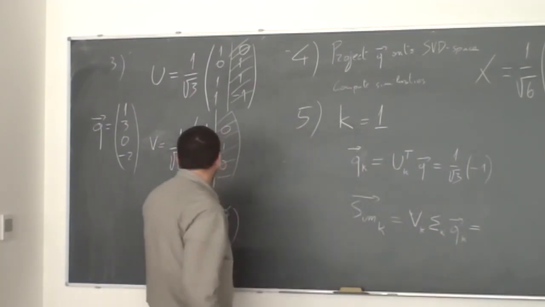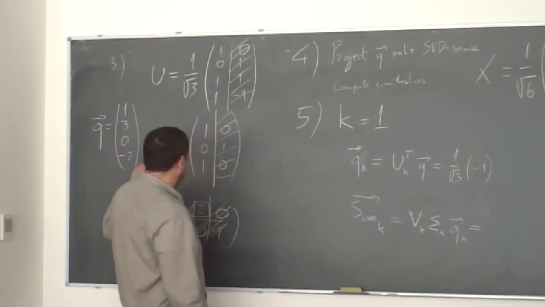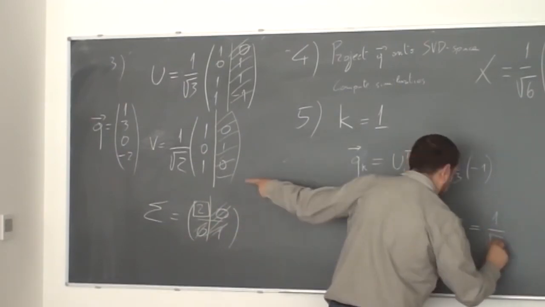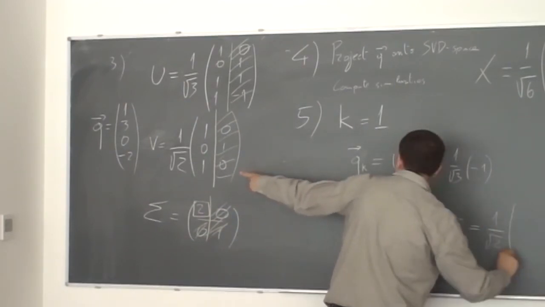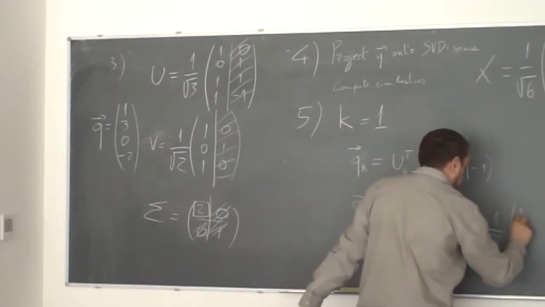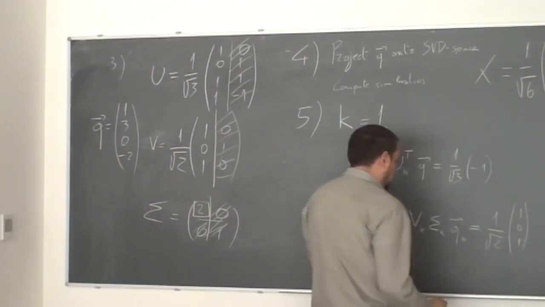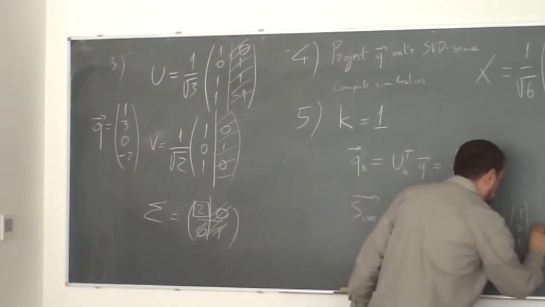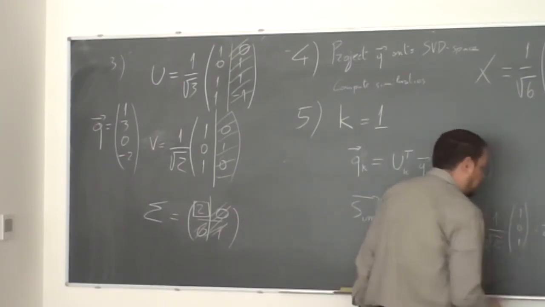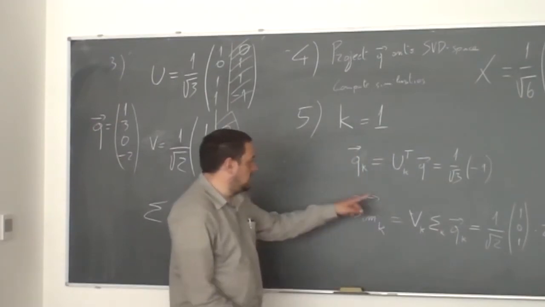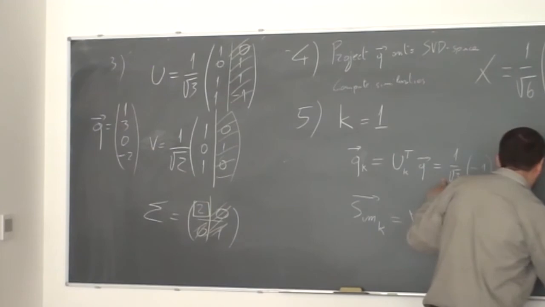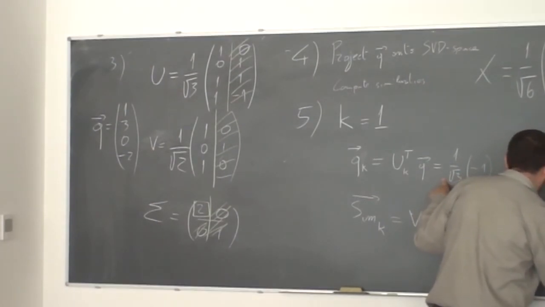As before, we have 1 over square root of 2 times this column matrix 1, 0, 1, times sigma k, which is just 2, times our query, which is 1 over square root of 3 times minus 1.